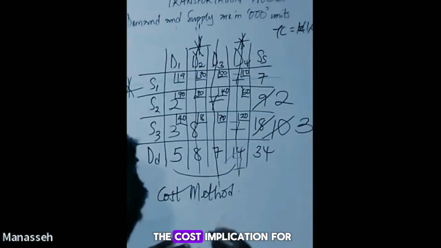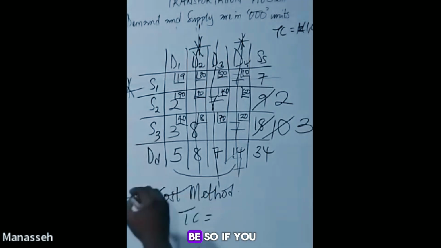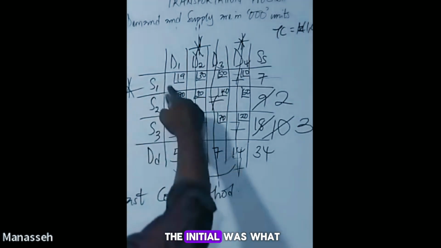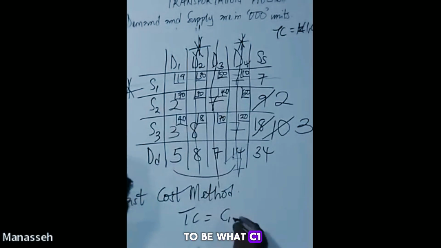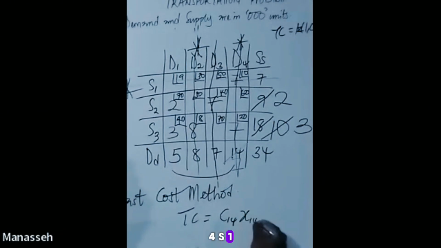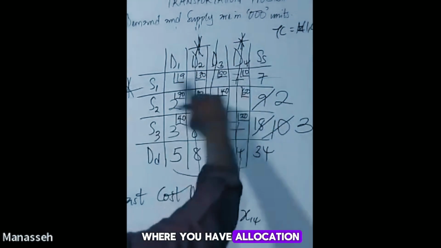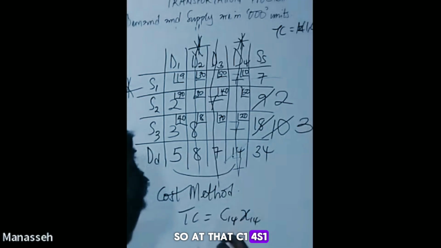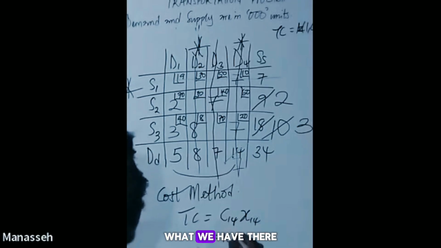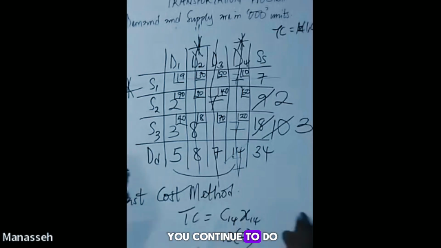So the cost implication for this particular method is going to be, if you look at it, before the initial was C11, S11. But this one is going to be C14, S14, because this is where you have allocation with respect to this particular road. So at that C14, S14, what we have there is 10 times 7. And you continue to do like that for every other cell that you have there.